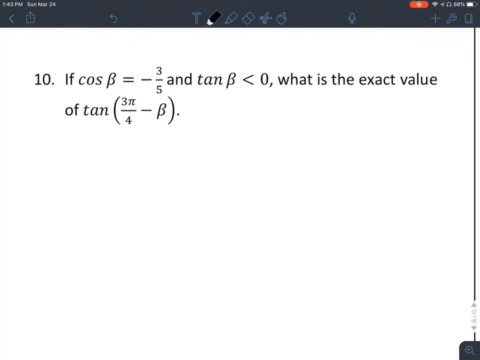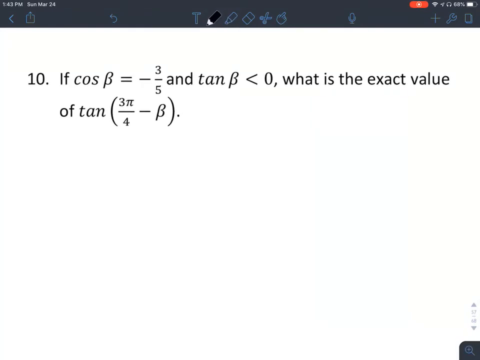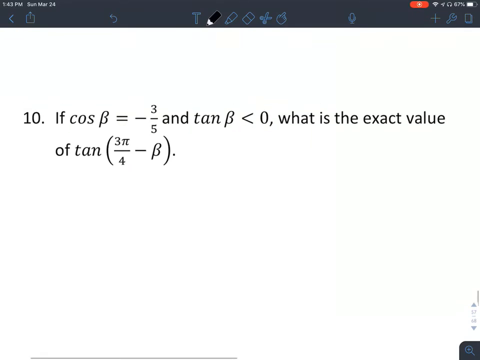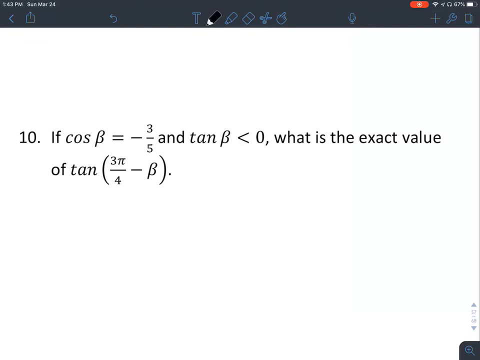Number 10, if cosine of beta is negative 3/5 and tangent of beta is less than 0, what's the exact value of tangent of 3 pi over 4 minus beta? Well, we know from this that beta has to be in quadrants 2 or 3 because cosine's negative.